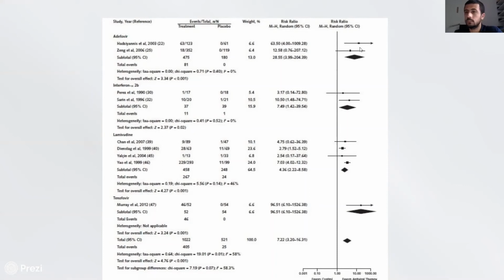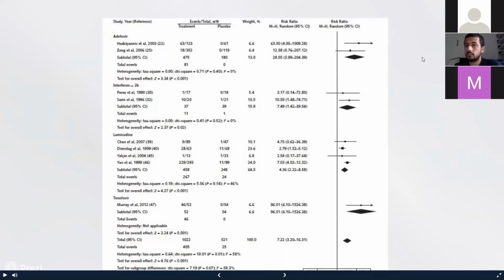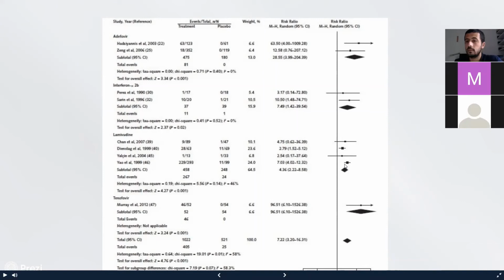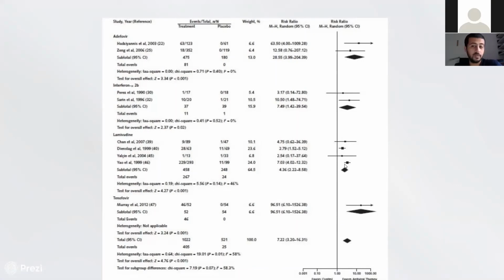Well, of course it is. It has a more important result. The sample includes both of the studies. So why does it have a shorter confidence interval?